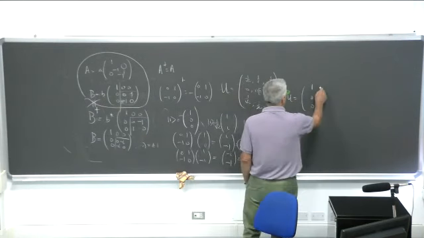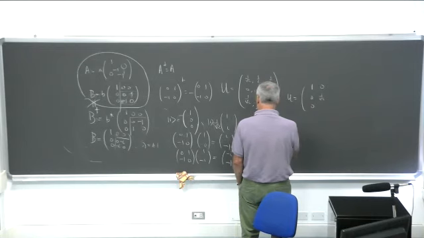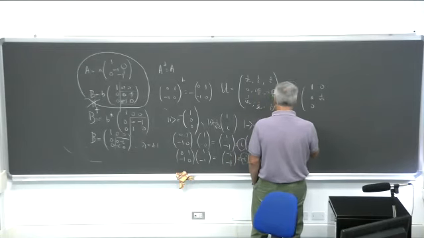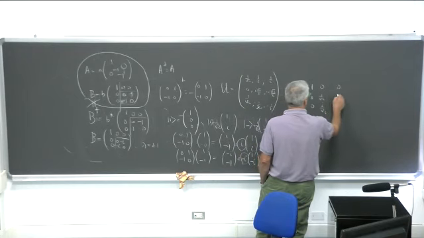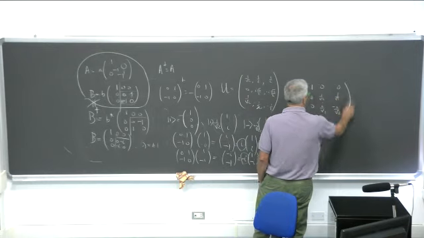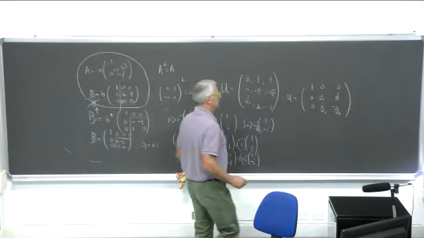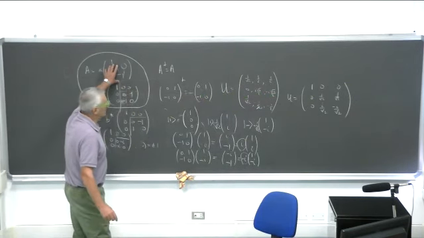The second is 0, 1 over root 2, and the other is i over root 2. And then you have 0, i over root 2, 1 over root 2, minus i over root 2. This is the matrix which diagonalizes this one and this one at the same time.